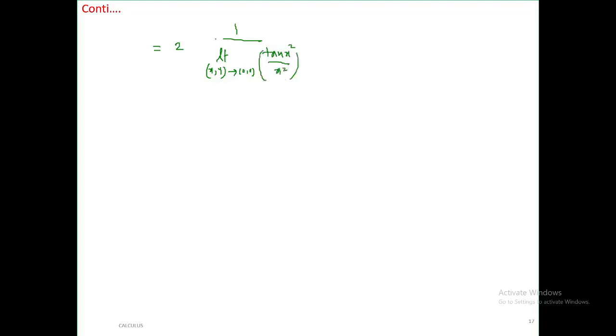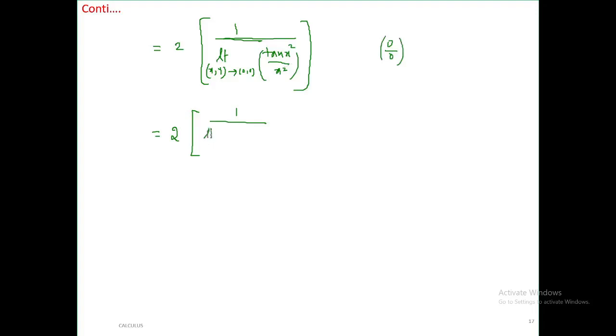This entire thing is in the denominator. Now we substitute x is 0, y is 0, and you again get 0 by 0 in the denominator. Since it is a single variable function, we may go to the L'Hospital rule.